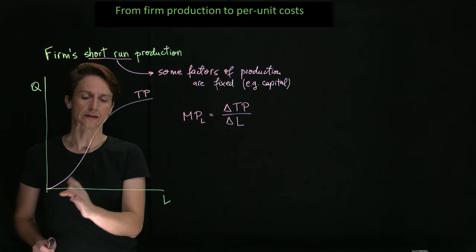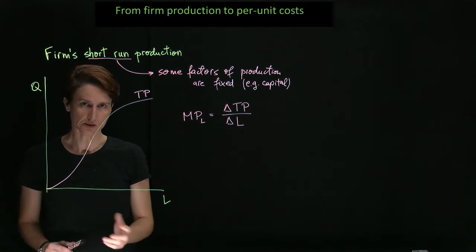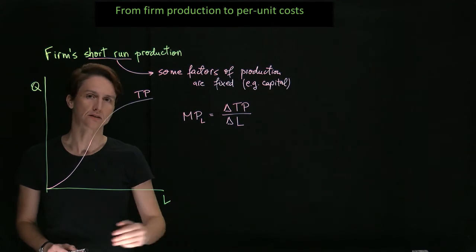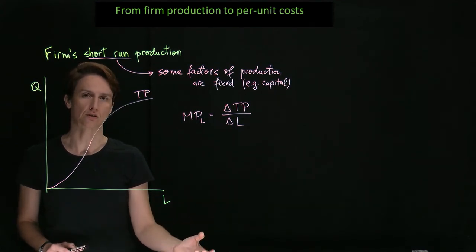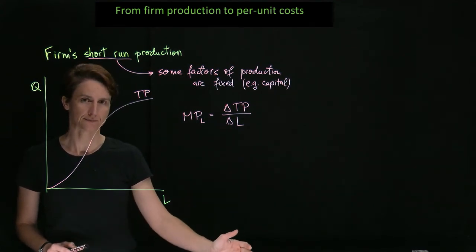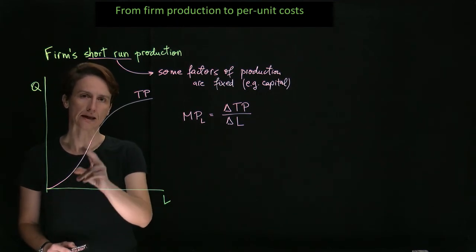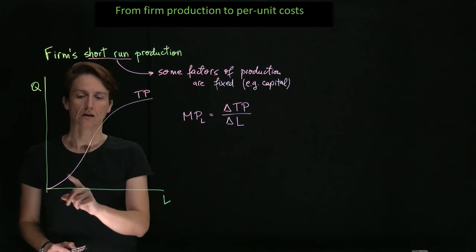And so hiring 10 workers, they may be more productive per worker than hiring a single worker who then has to do too many different tasks. So we can expect there to be initial gains from specialization.